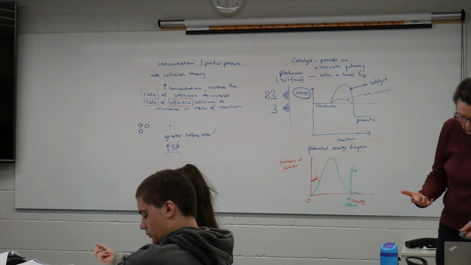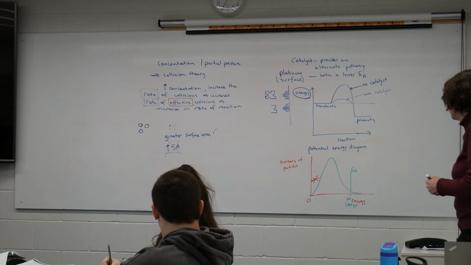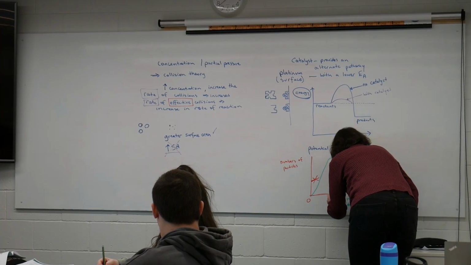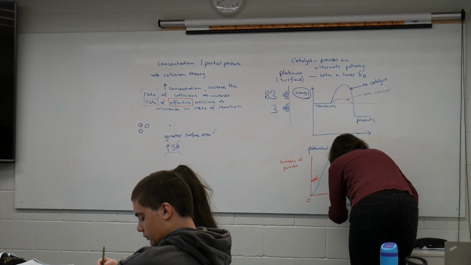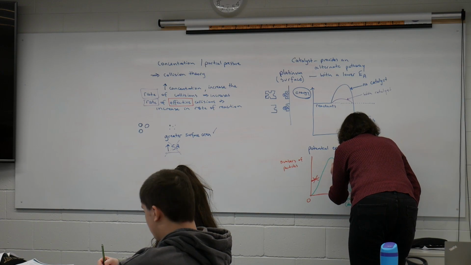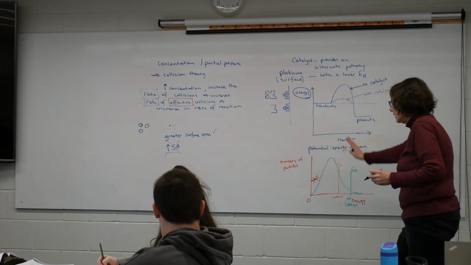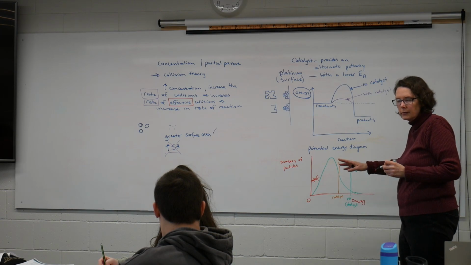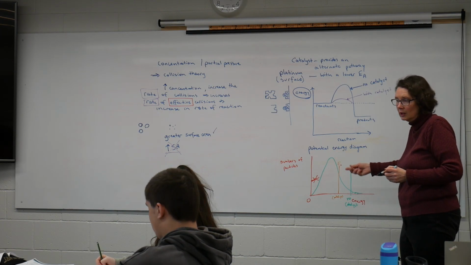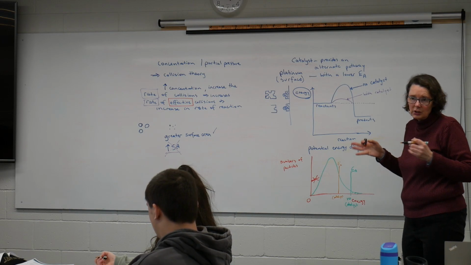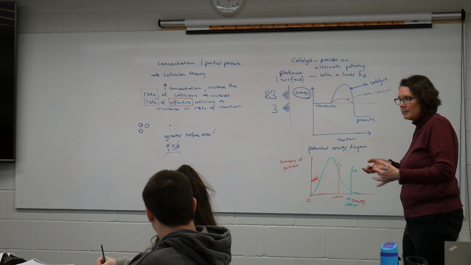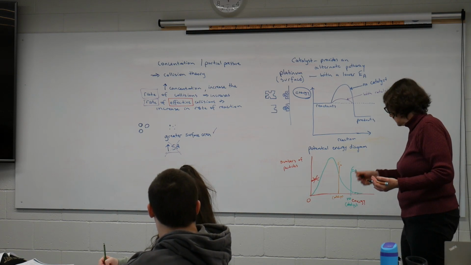But if I do use the catalyst, I have not changed the distribution of the particles as far as their energy is concerned, because I haven't changed the temperature. Temperature changes how much energy particles have.